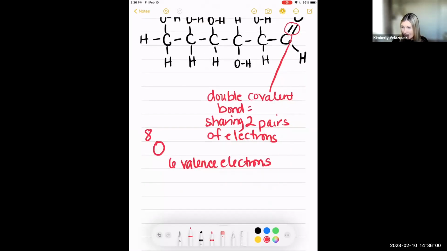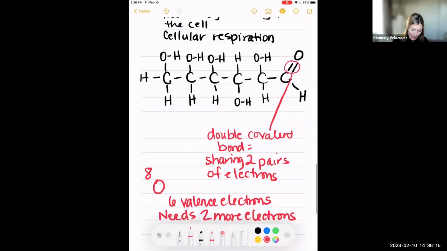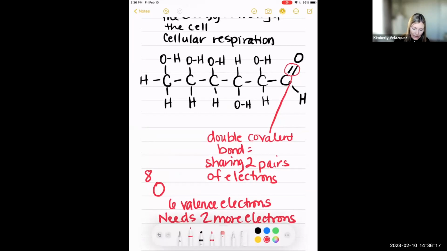It has 6, it needs 8 to complete that outer shell. That means it needs 2 more electrons to complete its outer shell. One way it can do that is to share 2 pairs of electrons with another atom. Now, oxygen has a full outer shell.